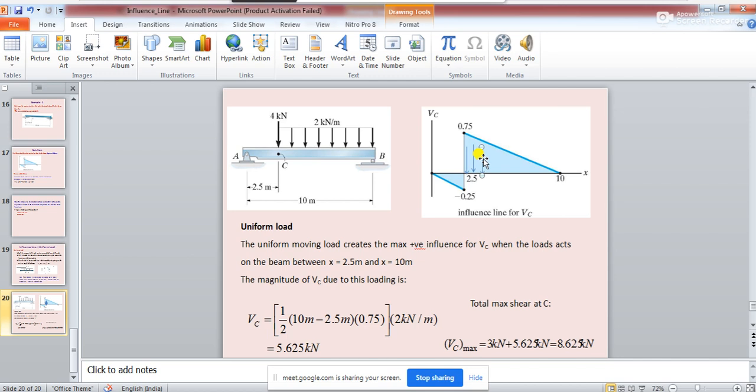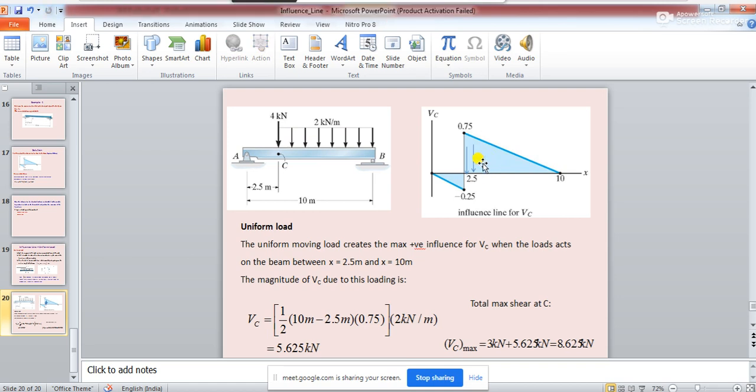If you consider it like this, then you will have to take the area of this and multiply the uniformly distributed load, which is 2 kilonewton per meter, with the area of the influence line diagram.